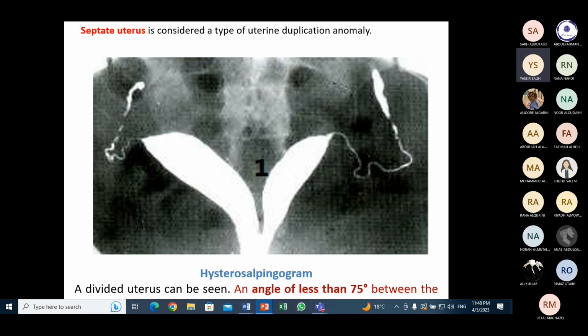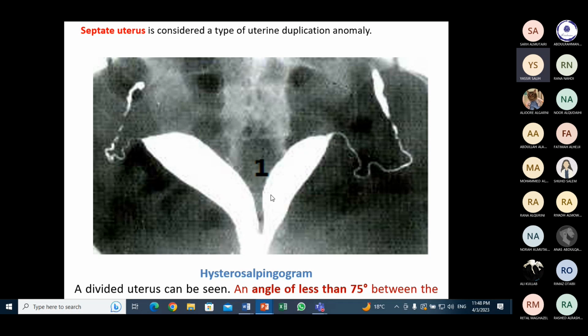The second congenital anomaly is septate uterus, in which we have two horns. This is the left fallopian tube and this is the right fallopian tube. This is the right horn and this is the left horn. Between the two horns there is an angle, an acute angle, usually less than 75 degrees.